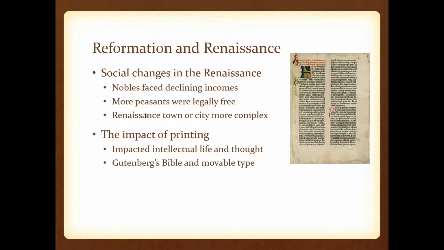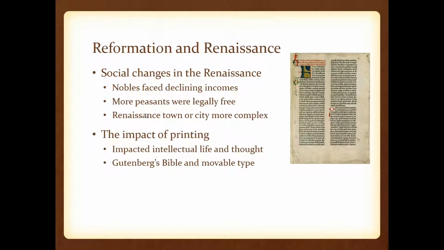The Bible traditionally was written by hand by monks in monasteries, and was in Latin, and it was very, very difficult for the layman to be able to read, and so they had to rely on the priests to interpret the Bible for them.